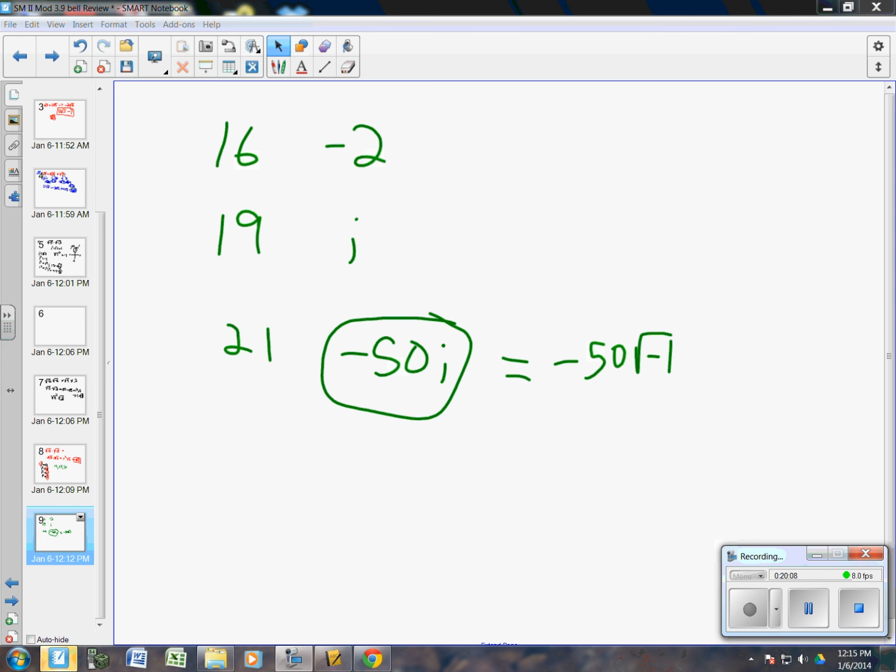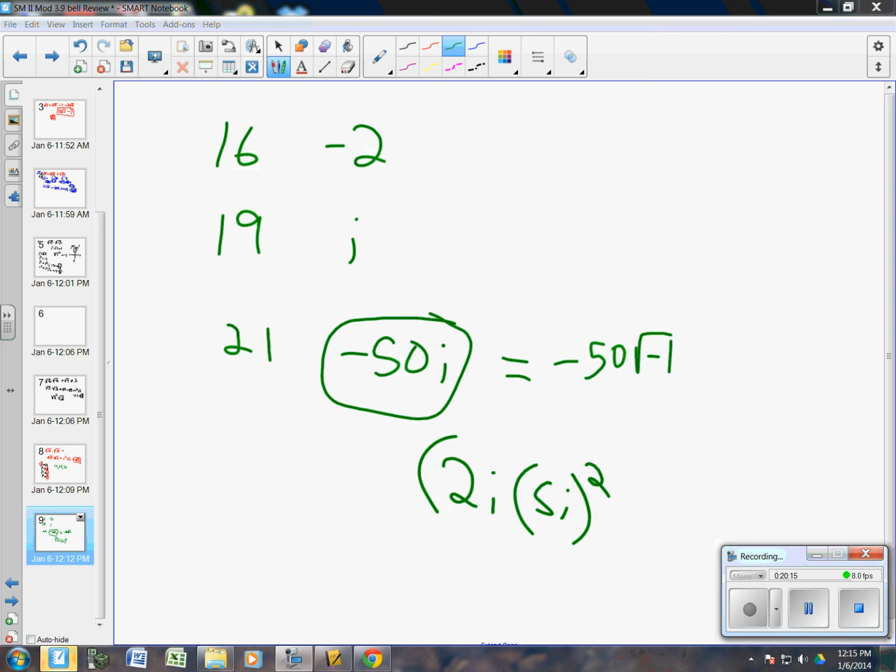How did you do it? Well, you had 2i times 5i squared, right? Now, the 2i is not being squared, just the 5i. So I have 2i times 5i times 5i, because 5i squared means 5i times 5i.